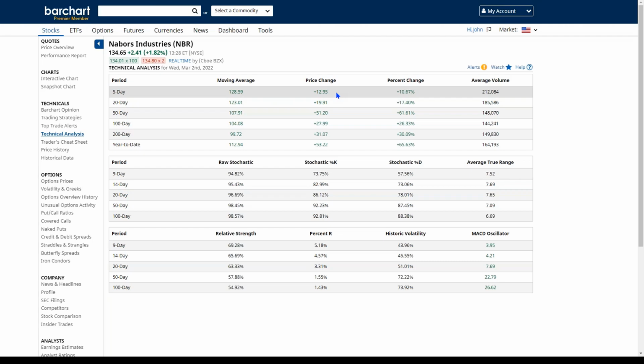So our target was $9 away. That's telling us that the likelihood this trade, if I'm correct, will be fulfilled within the next 5 days, or in other words, within 1 week's time. That is how I can determine if my target is too far away.